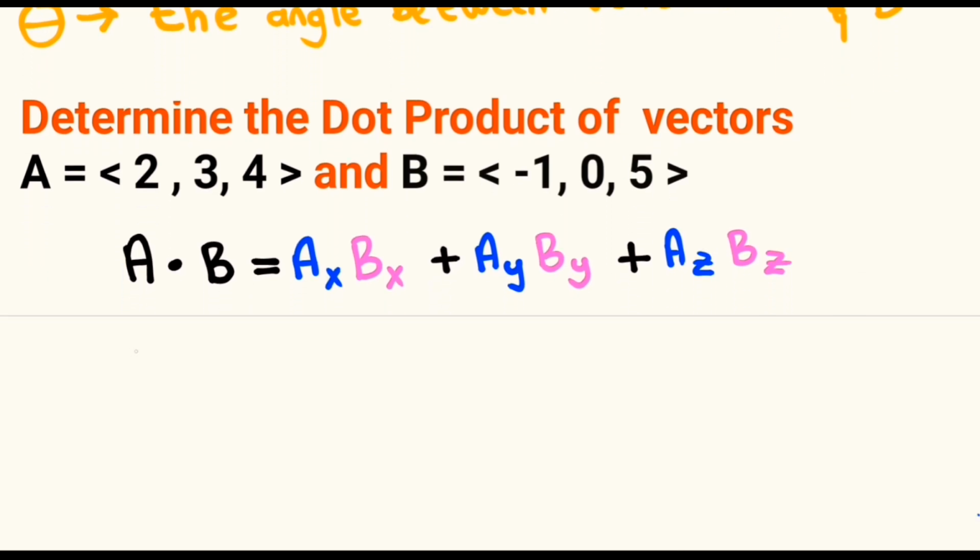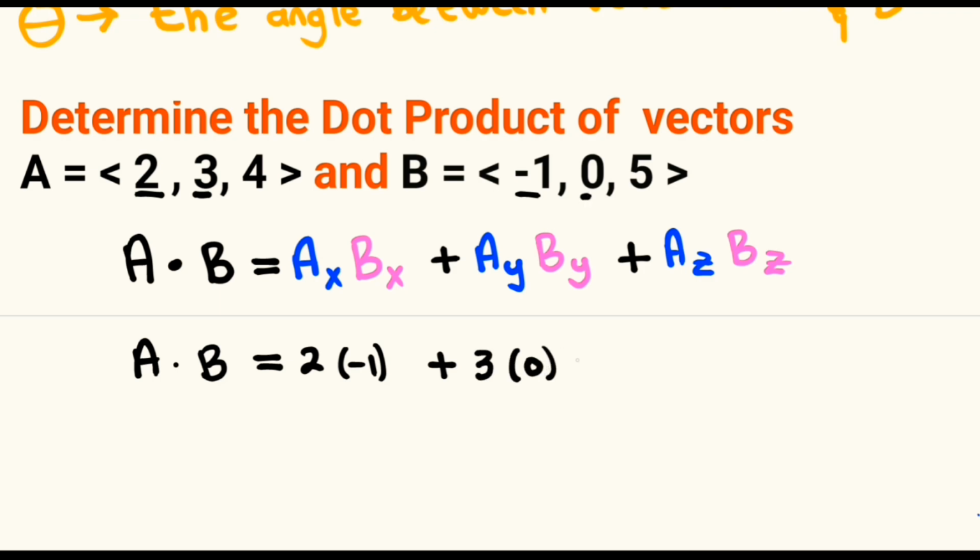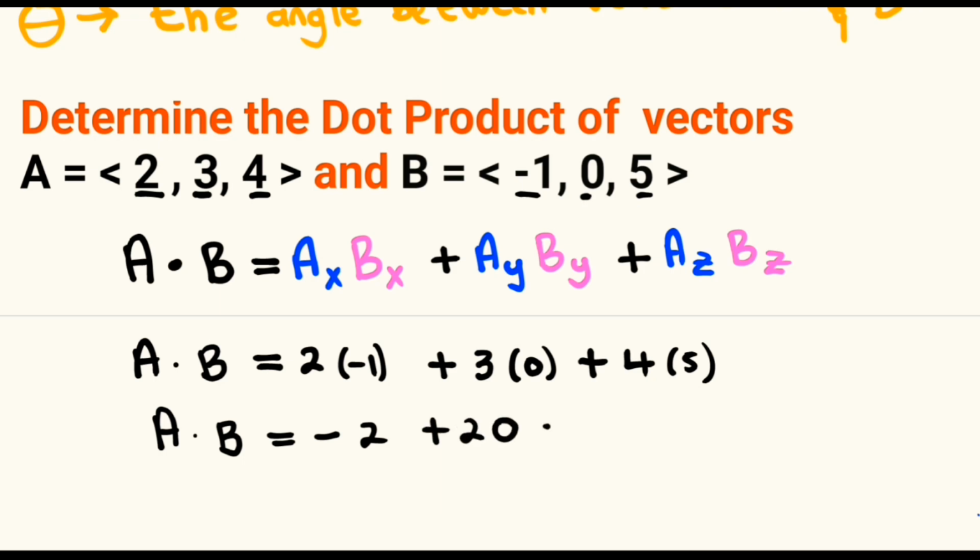The dot product A dot B will be equal to the x coordinate of A multiplied by the x coordinate of B, 2 into -1, plus the y coordinate of A multiplied by the y coordinate of B, plus the z coordinate of A multiplied by the z coordinate of B. A dot B will be equal to -2 plus 20, which will be equal to positive 18.